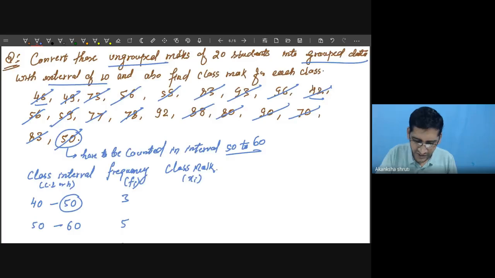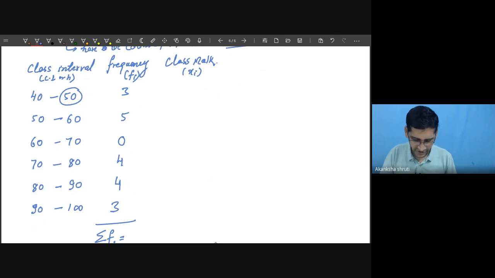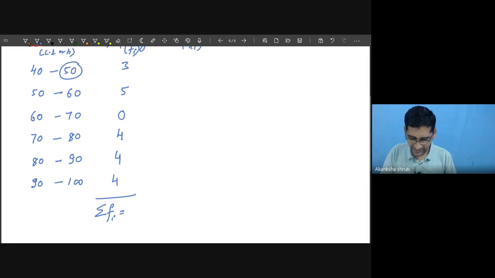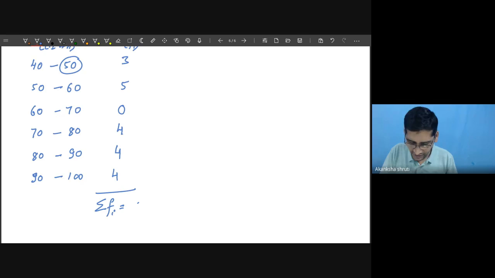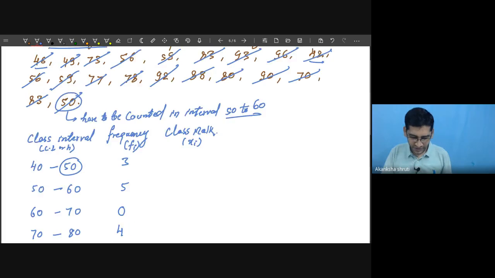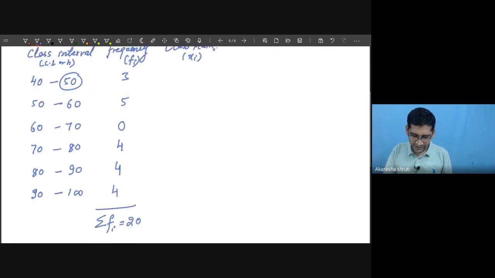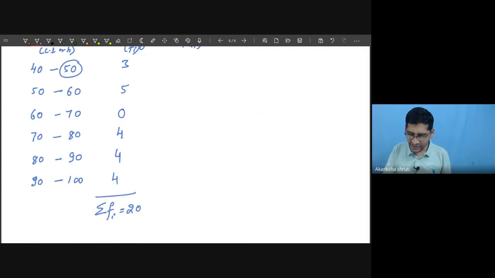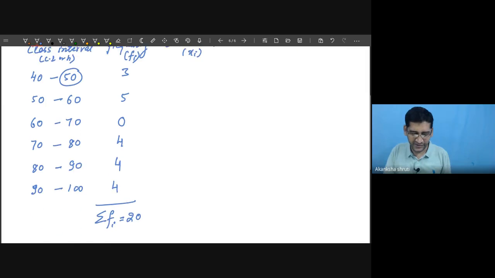Yes, student, again 92 is missing. 92 comes in our 90 to 100. So slightly correct it. It is also 4. We have taken the 20 data. We observe that summation of Fi is 20. This way, how many observations there are can be calculated by adding their frequencies.